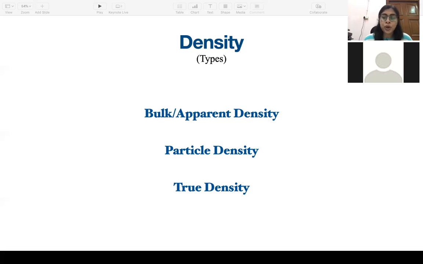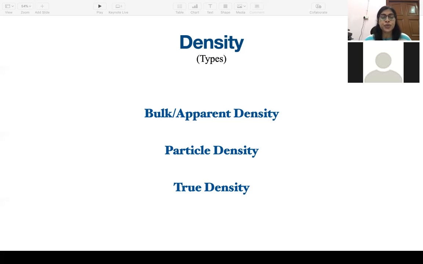One is packed product density, other is loose product density. So which will be higher, the packed product density or the loose product density? Packed product, ma'am. Okay. Why? Why do you think so? Ma'am, their volume is very less.